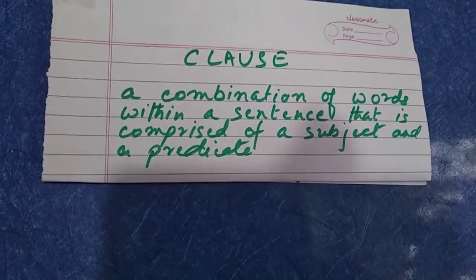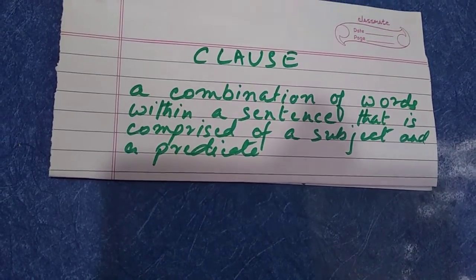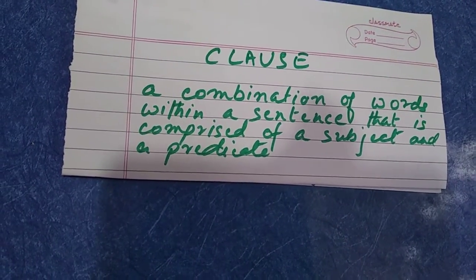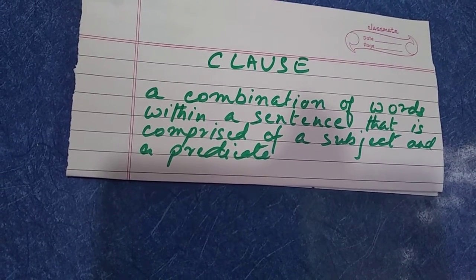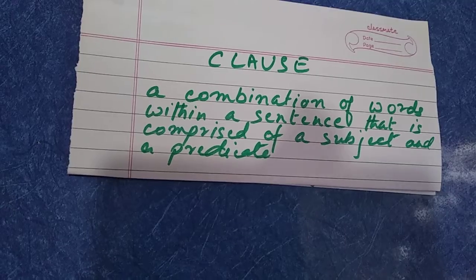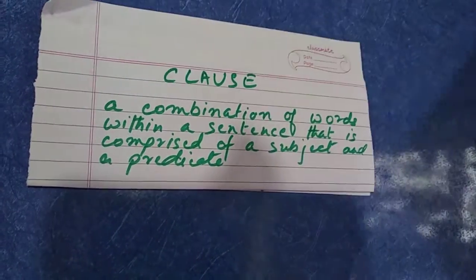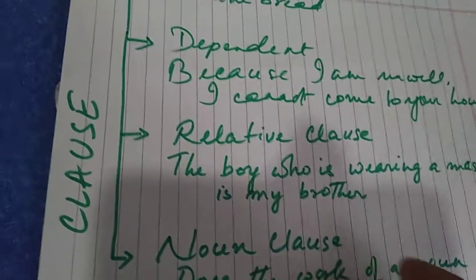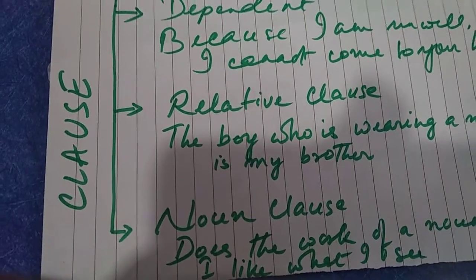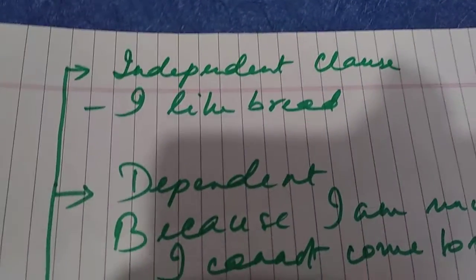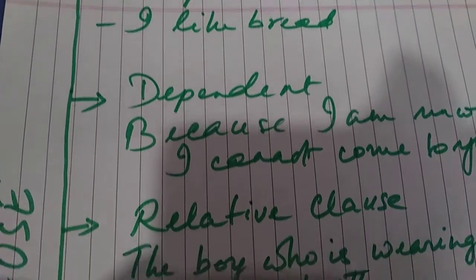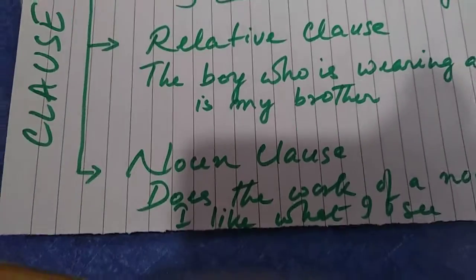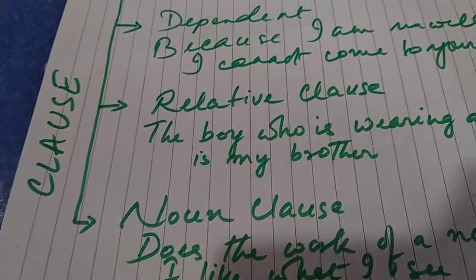So, a clause is a group of words that has a subject and a predicate in it. Now, there are a few types of clauses. Here I am giving you independent clause, dependent clause, relative clause, and noun clause.